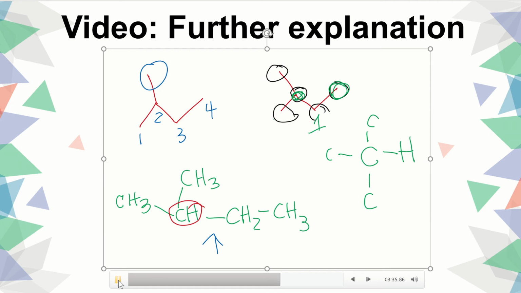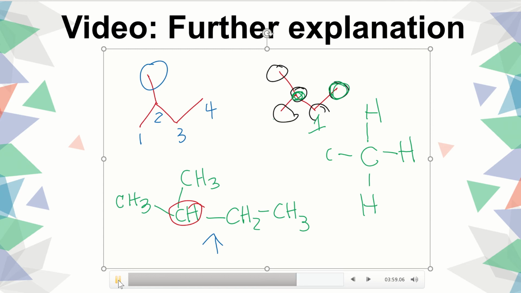Let's redraw our compound here. If we have one carbon attached to it, then obviously we must have 3 remaining hydrogens, so that represents the end one.